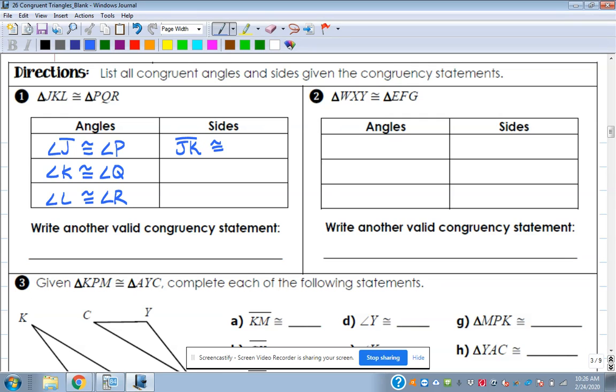What's the segment that it's congruent to in the other? PQ. The letters in the same spot. And then I did J and K, now I'm going to do J and L. That should be congruent to what side? PR.